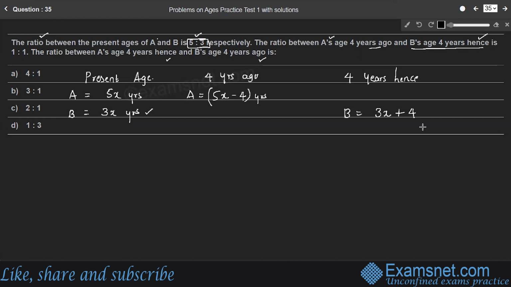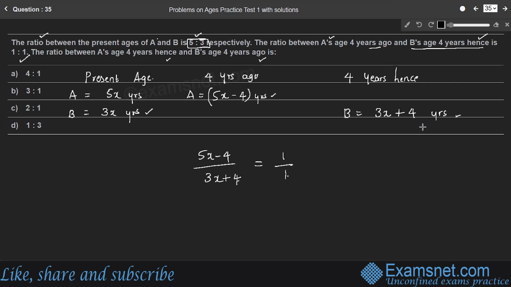After 4 years, B will be 3x plus 4 years old. And the ratio between these two ages, A's age, which is 5x minus 4, divided by 3x plus 4, is 1:1. It is already given as 1 by 1.